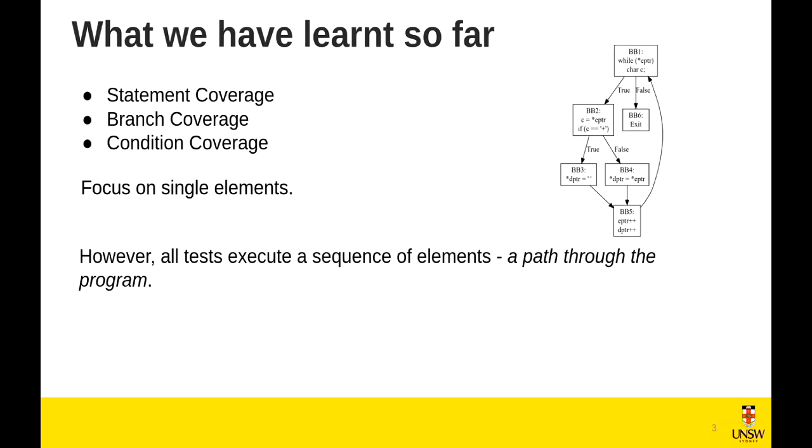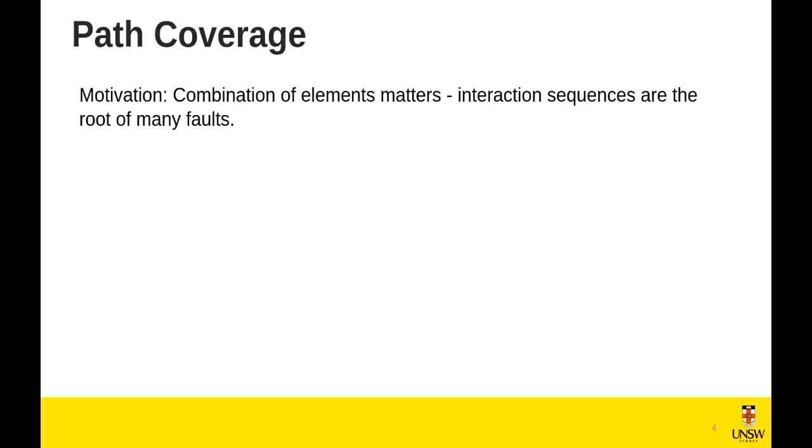As you can see here, when we execute the program, we can't really just execute one statement. We have to execute multiple statements with one test, and there are some paths on this control flow graph. So this leads to a new criterion called path coverage.